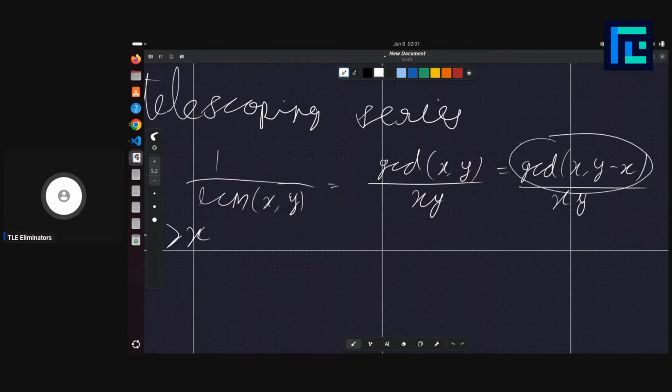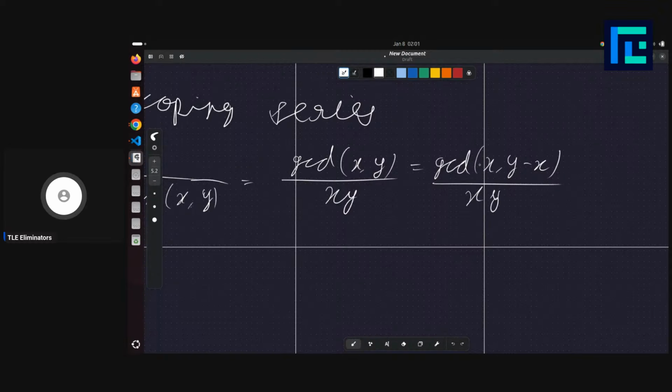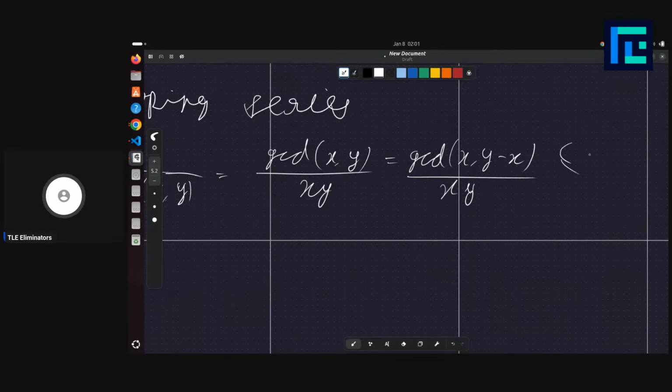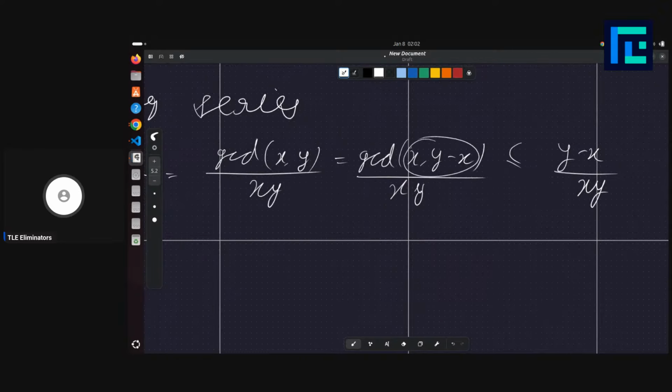So this GCD of x comma y minus x is definitely less than or equal to y minus x, because the GCD of two numbers is less than both the numbers.